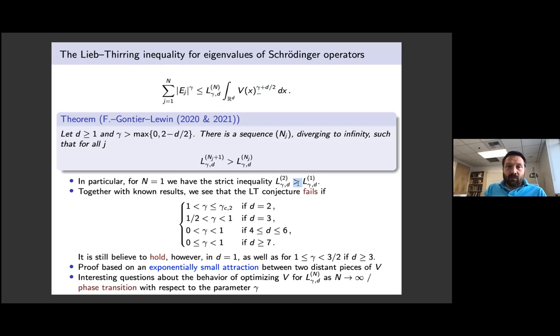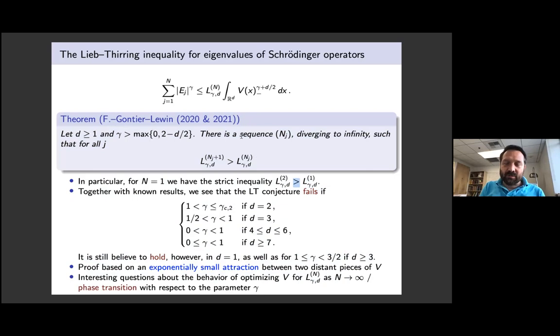Okay, so once again, what this means, this is an attraction. The particles want to come together, stay together. If L2 would be equal to L1, this would mean that these two eigenvalues want to go away from each other, right?